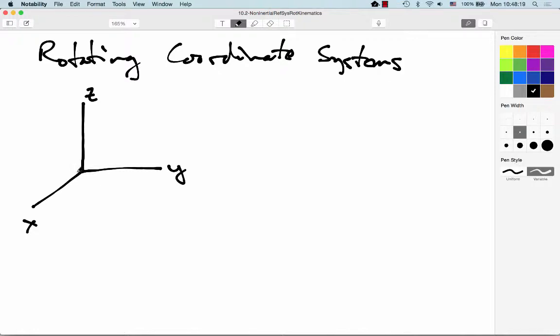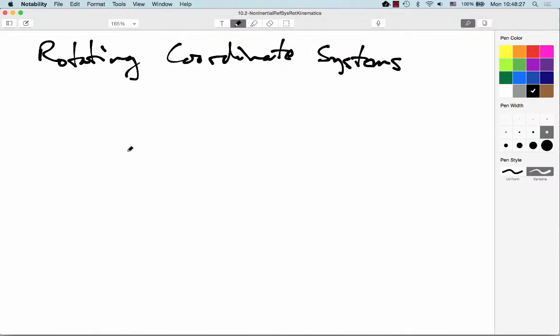Let me redraw that just to get a different thickness here. There we go. So x, y, z, like so.